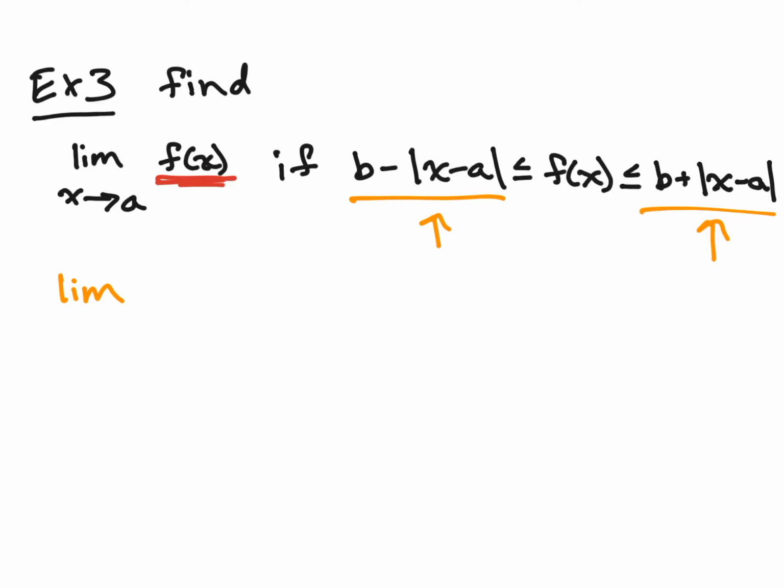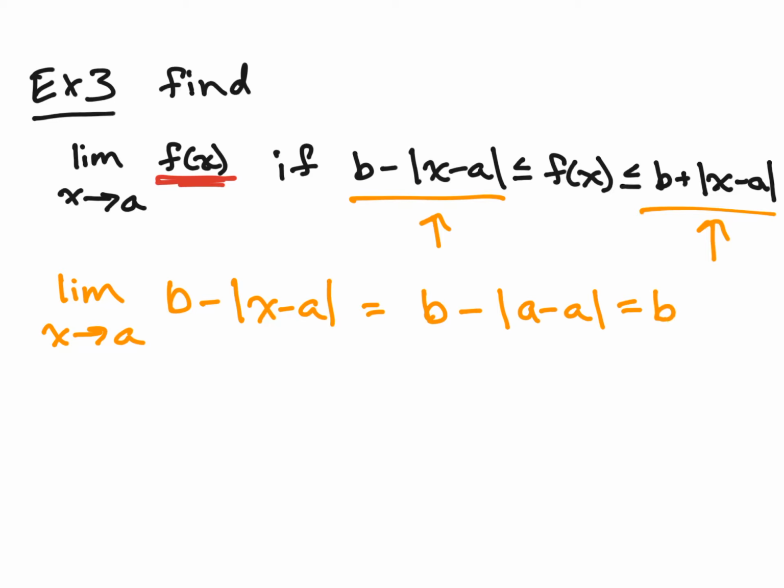So we're going to do the limit as x approaches a of b minus the absolute value of x minus a. We just do a direct substitution. We get b minus the absolute value of a minus a. Well, that's just 0, right? So we get b. Then I'll do the limit of the upper one.